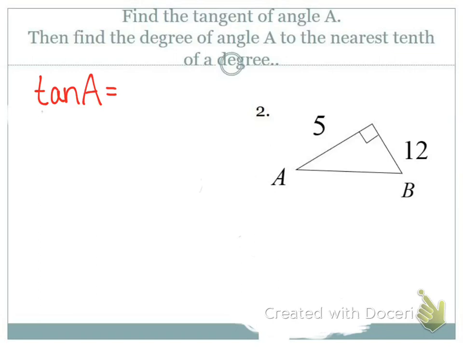What is it, Keon? So we start at A, opposite A is 12, and then adjacent is 5. Opposite goes on top, opposite over adjacent.